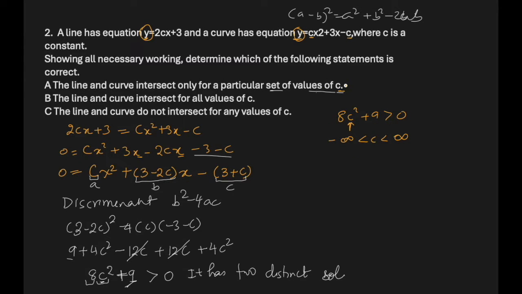So that's not true. The line and the curve intersect for all values of c. That is true. The line and the curve do not intersect for any value of c. No, we have solutions, so this is not true. So B is the one that is correct in this case.